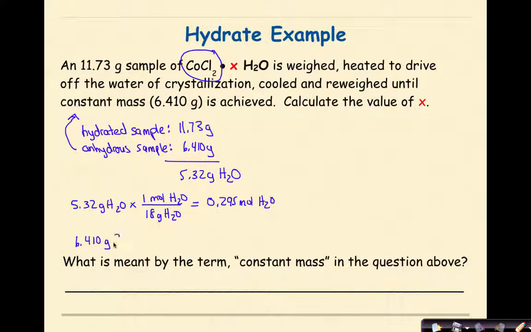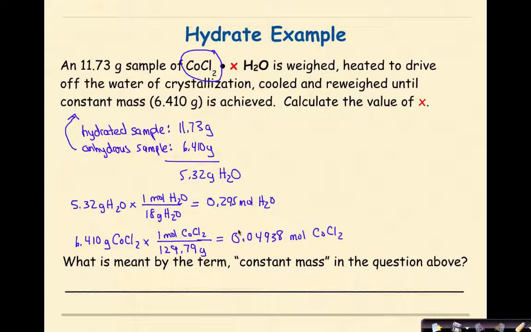So we're going to put CoCl2 down here. 1 mole of CoCl2. And I will tell you that the gram formula mass of CoCl2 is roughly 129.79 grams. And that's going to equal 0.04938 moles of CoCl2. And again, I'm not going to round here too much.